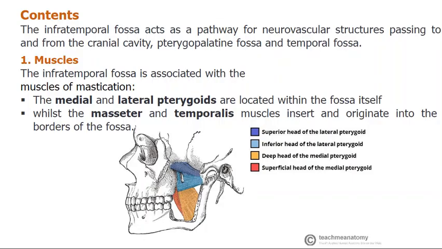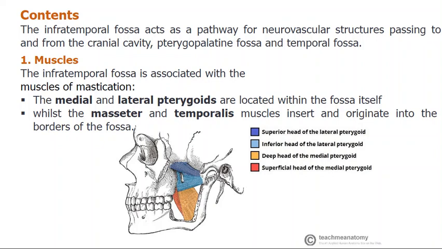Now the contents of the fossa: actually we have three types of contents, muscular, vascular, and nervous. So we have muscles like the medial and lateral pterygoid muscles here.